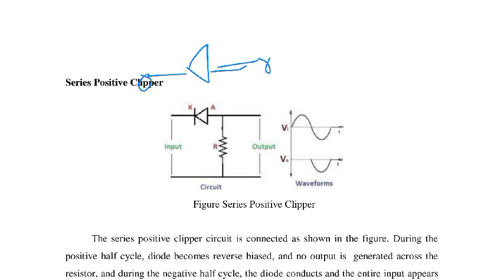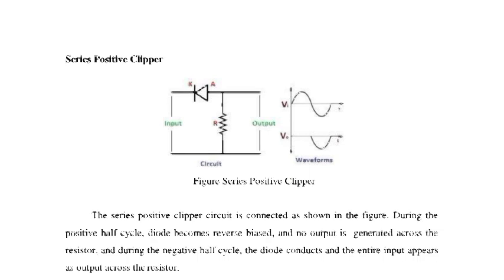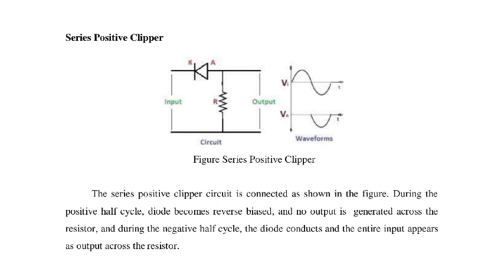Here in the positive clamper circuit, the diode anode is connected to the output side. So the same concept applies to the positive series clamper shown in this figure.